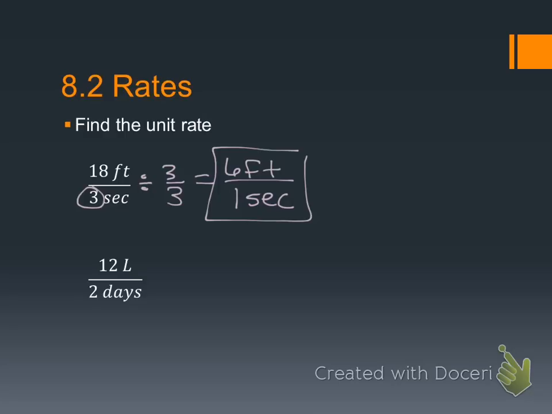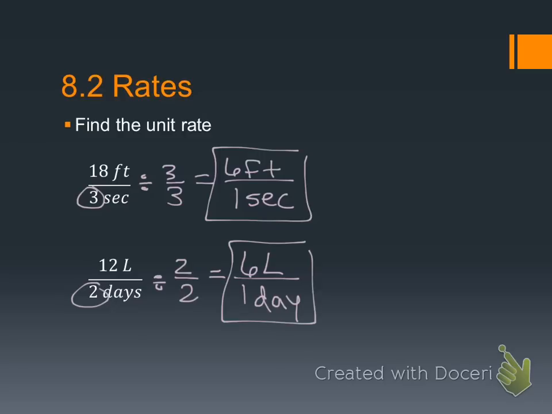Okay, and that's how I want you to write it. For the second example, same thing. Whatever number's in your denominator, divide top and bottom. And you get 6 liters in 1 day. Alright, and that's how you find the unit rate.